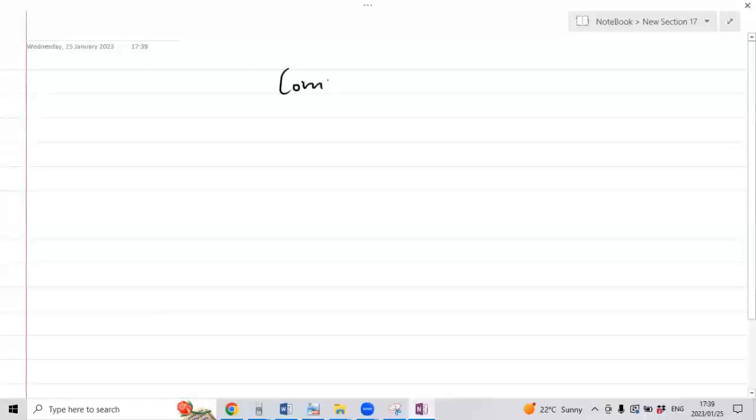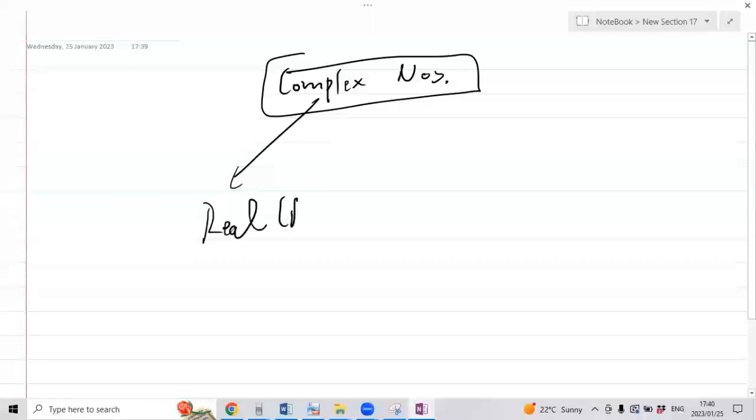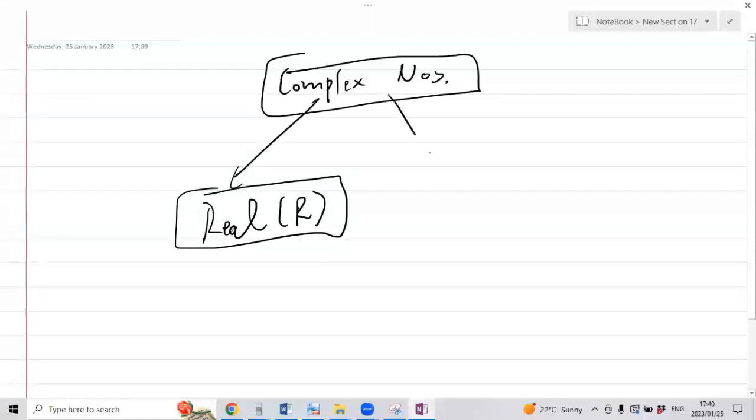So we can say complex numbers, and complex numbers are separated into real numbers, and the symbol for real numbers is an R, which looks like that, and non-real, which looks like so.